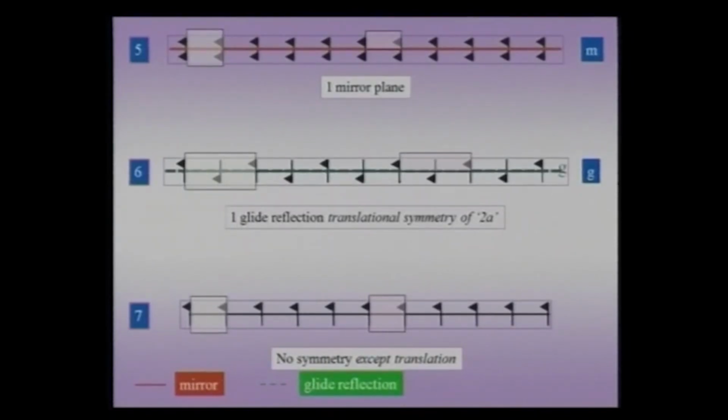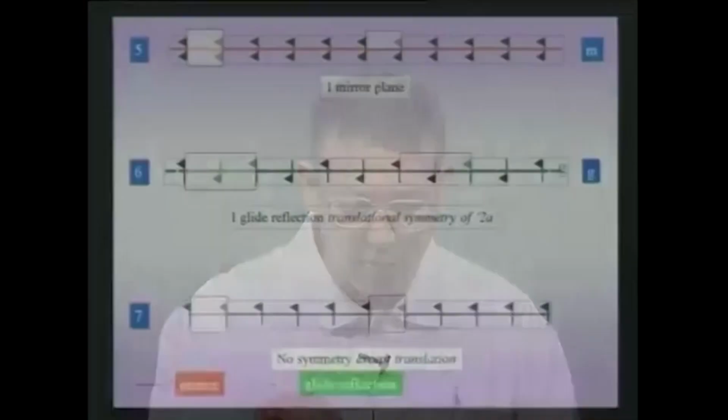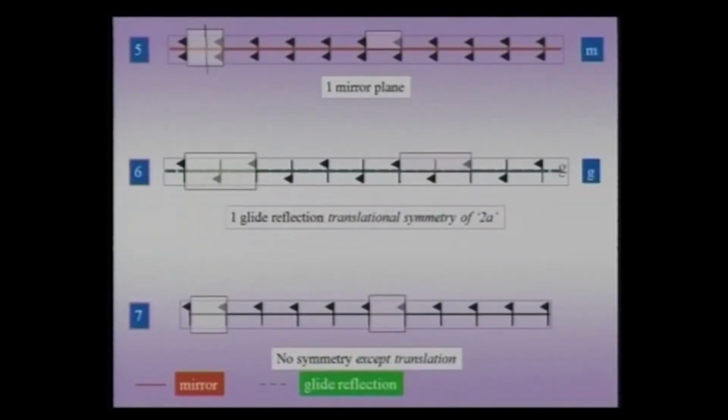In this case what happens? All the vertical mirrors are destroyed, the vertical mirrors in the lattice positions and the vertical mirrors between the lattice positions. If I draw a mirror here, for instance, between the lattice points, then this object will have to be reflected on the other side, and it will have a shape which is like this, which is obviously not present.